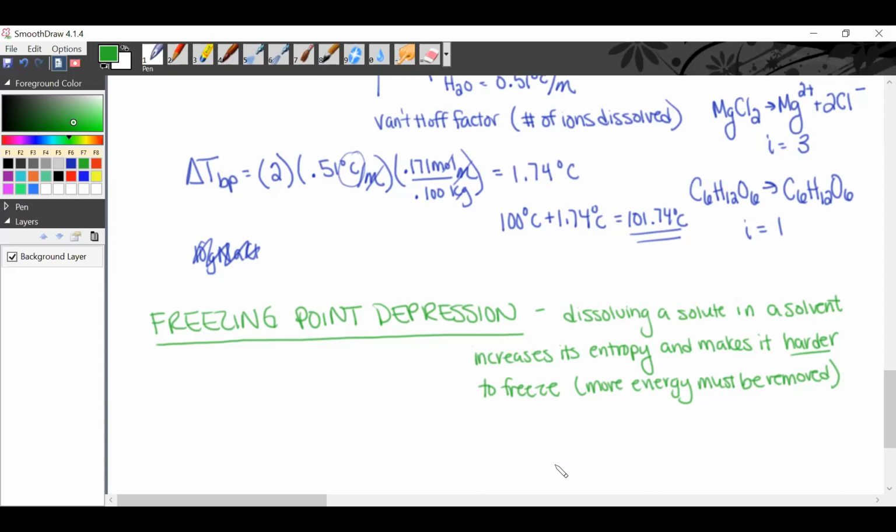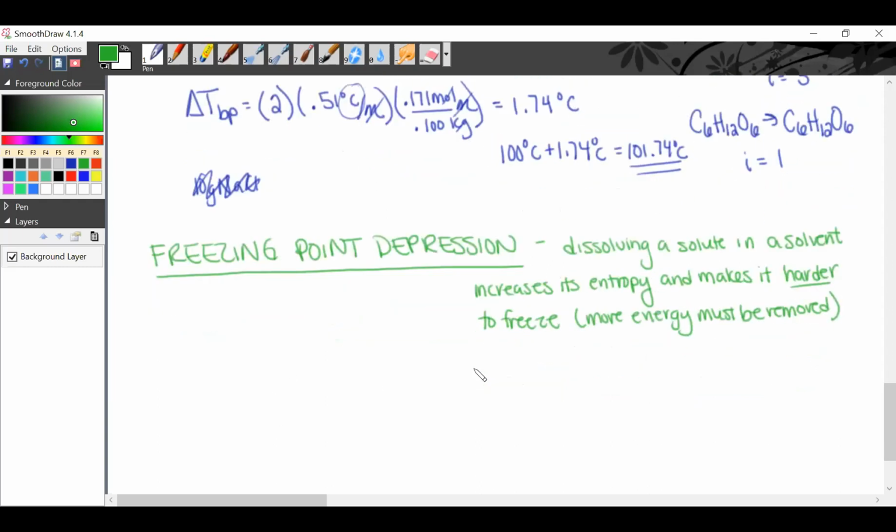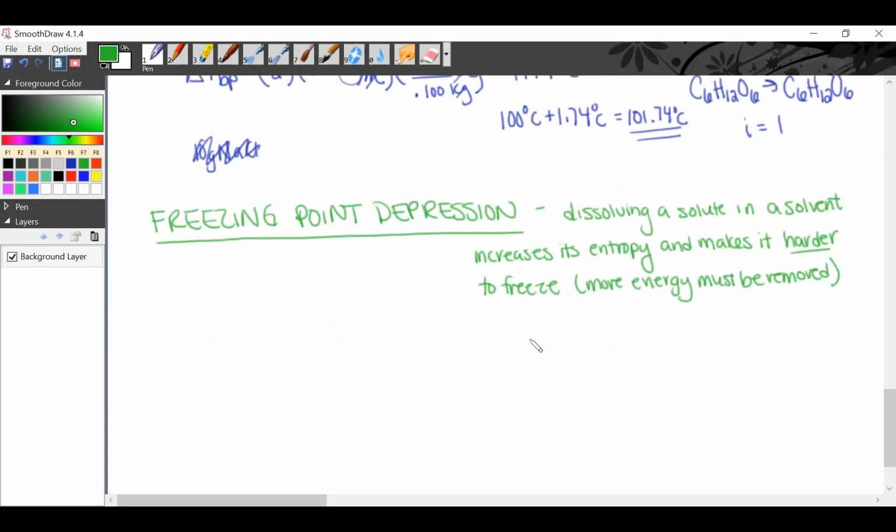It is now less likely or harder for it to become more ordered and go from the liquid state to the solid state. So instead of freezing at 0 degrees Celsius, it now has to be negative something, like -5 degrees Celsius maybe.